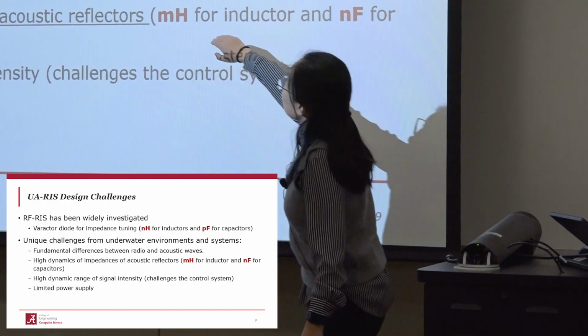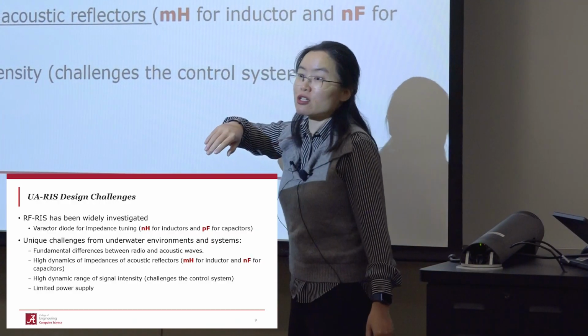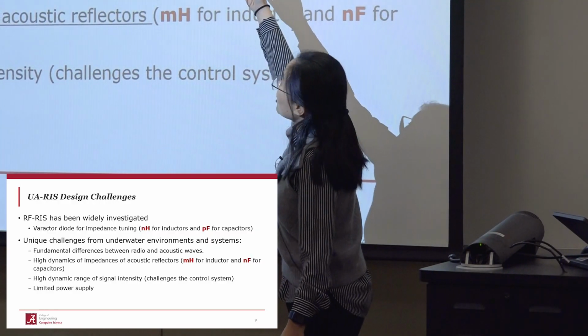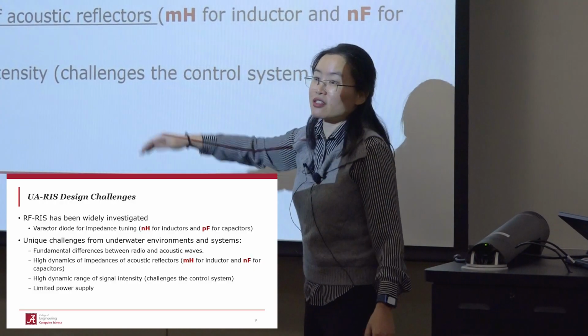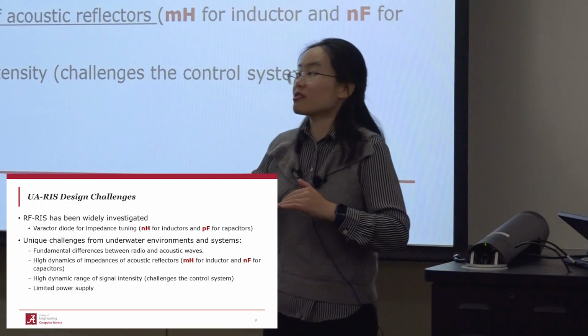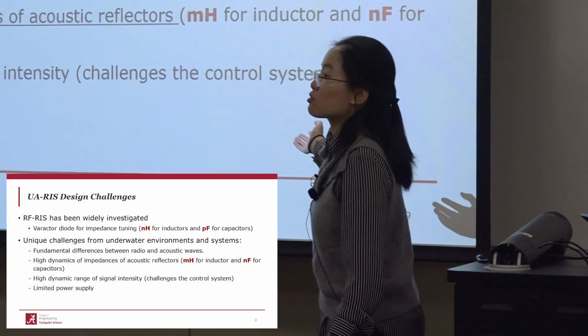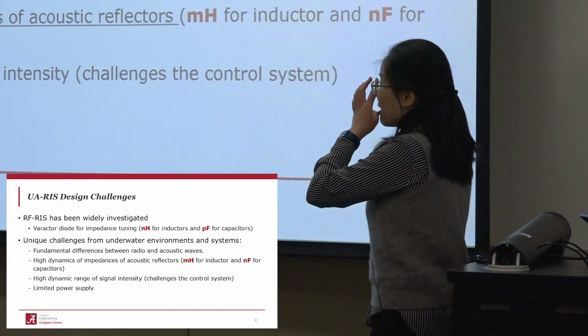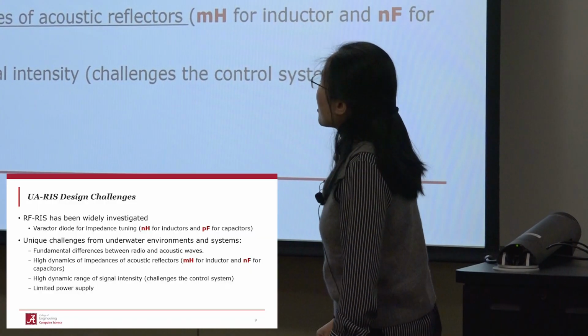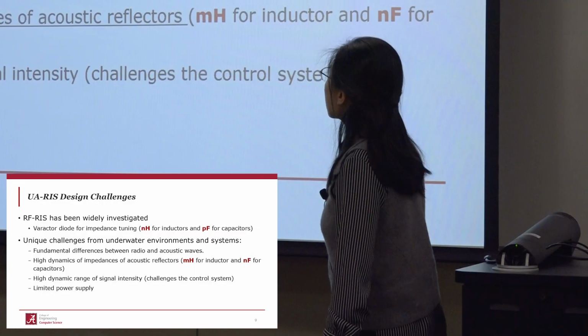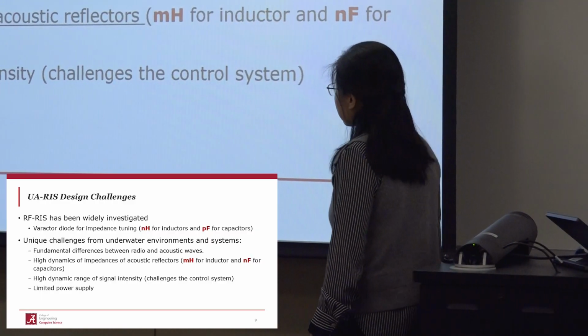If we compare those values, what can be achieved in the radio RIS is 1,000 times lower than what we want in underwater RIS. So we cannot use the existing radio RIS directly in our underwater RIS.